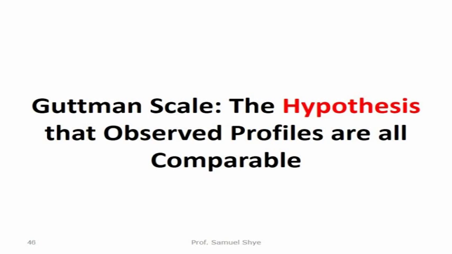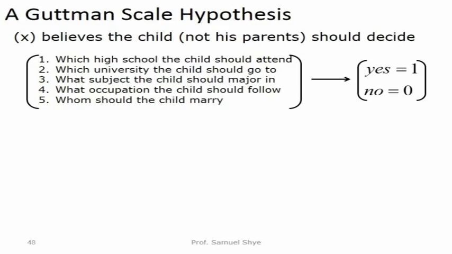Guttman scale is a hypothesis that observed profiles are all comparable. An example of a Guttman scale is here. We have a mapping sentence. Suppose person X believes the child and not his parents should decide which high school the child should go to, which university the child should go to, what subject the child should major in at the university, and what occupation the child should follow.